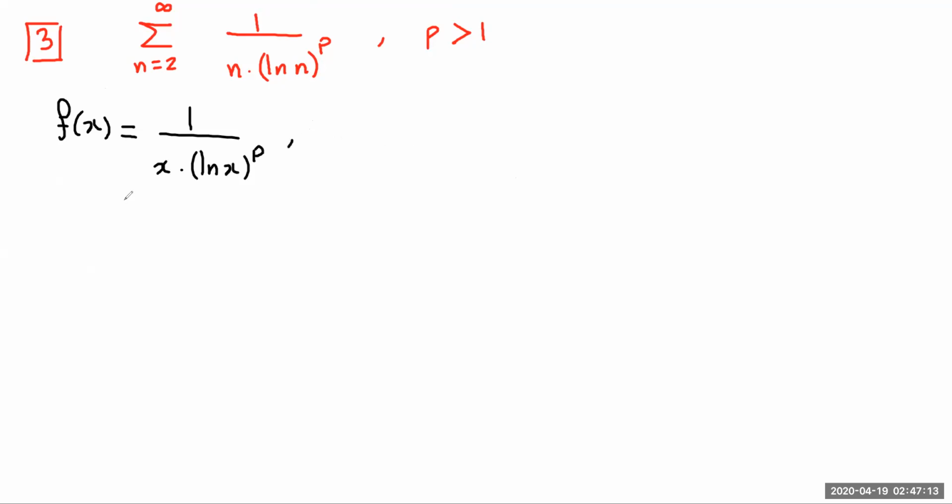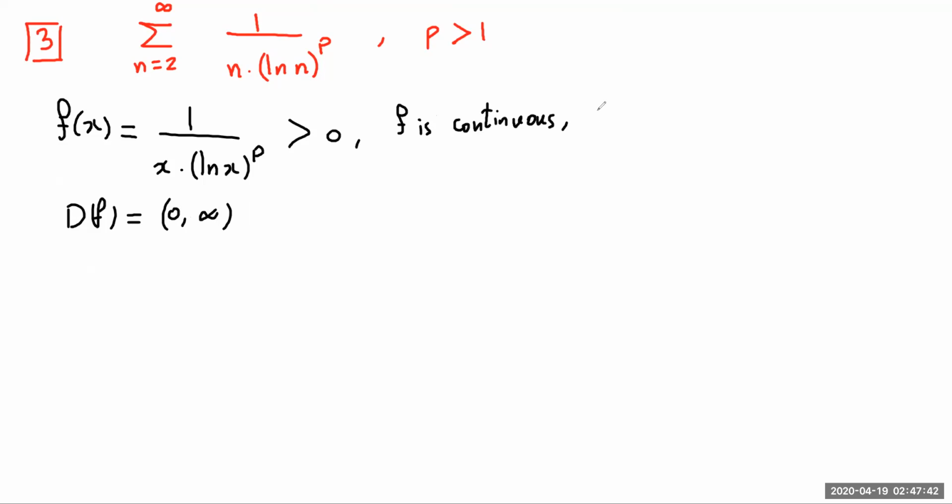The domain is from 0 to plus infinity without 0. Because of this, this function is always positive, so it's greater than 0. And f is a continuous function because it's a composition of continuous functions.